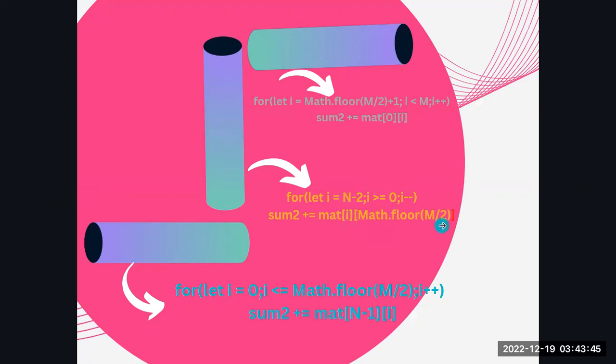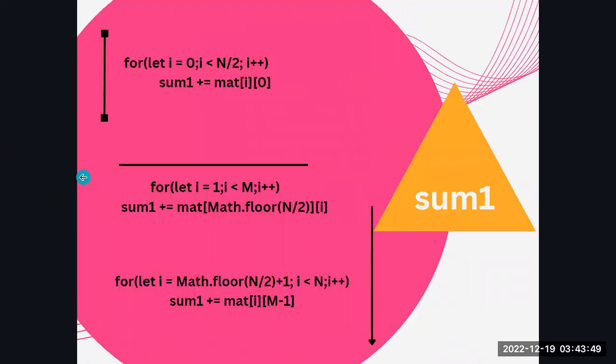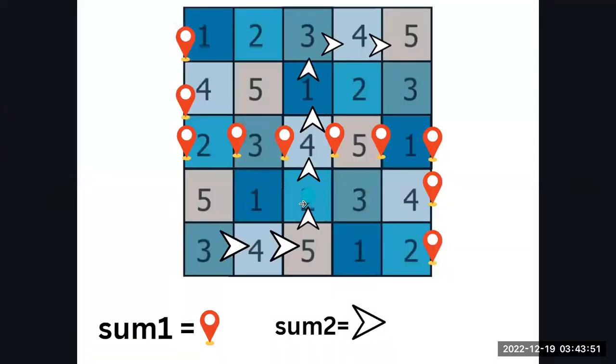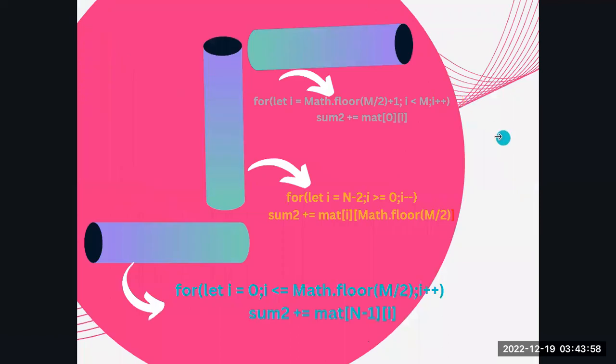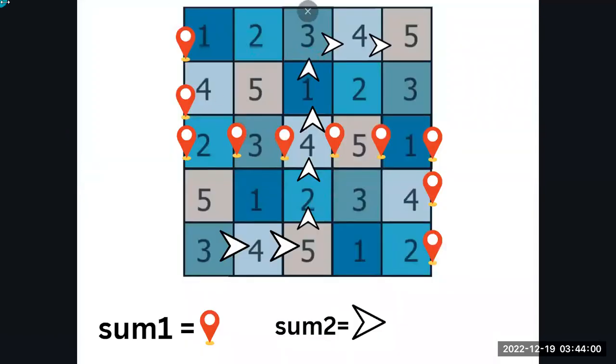And why did we write Math.floor(m/2) here? This is because we want the middle column. And this is the last traverse for sum 2. We traverse from 0 till Math.floor(m/2), n minus 2 till 0.